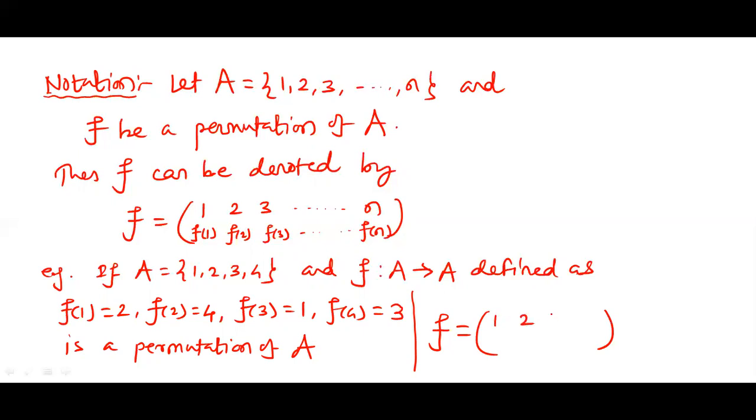In the first row, write all elements of A, and in the second row, write images of corresponding elements. Here, image of 1 is f of 1, that is 2. Image of 2 is f of 2, that is 4. Image of 3 is f of 3, that is 1. And image of 4 is f of 4, that is 3. Means if you have any set A and you have a permutation on A, then we can write that permutation in this form.